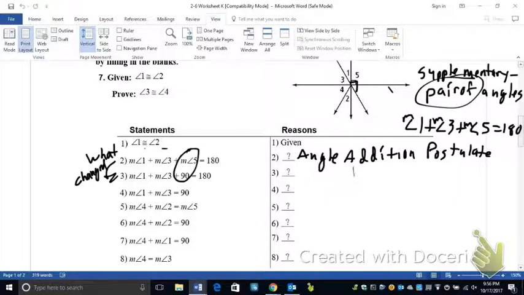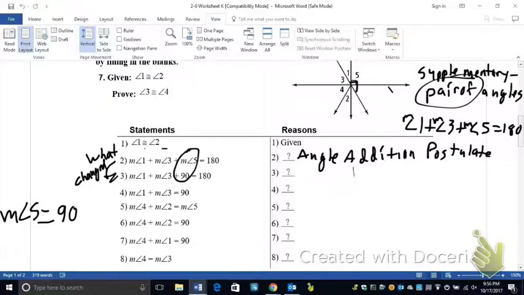Now, I don't like this proof for a couple reasons. One, not just because it's a proof, but it kind of skimps out on things. It takes shortcuts. Legitimately, there should be another step in there stating that the measure of angle 5 equals 90 degrees.